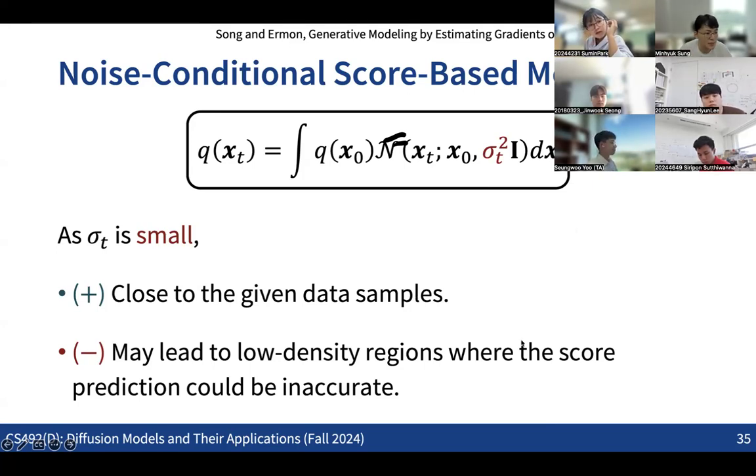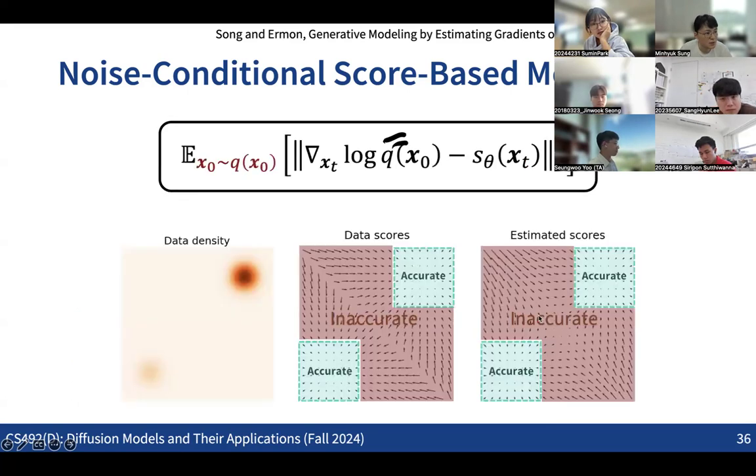But one downside is that we have the loss function like this. As you can see, we are sampling the data point x0 from the original data distribution, and for those samples, we are minimizing this L2 loss.